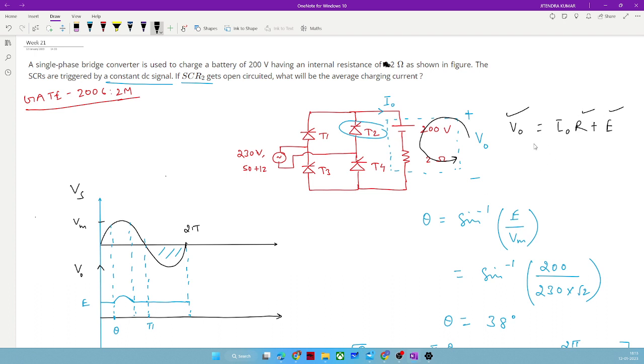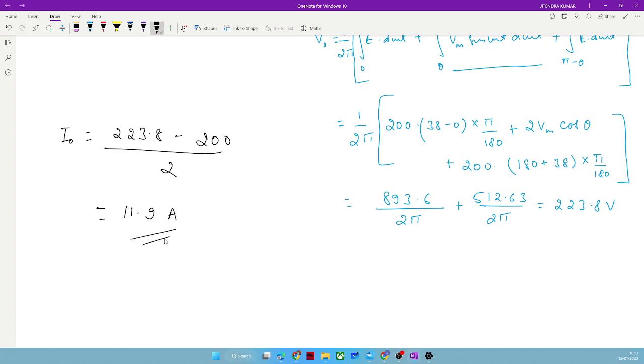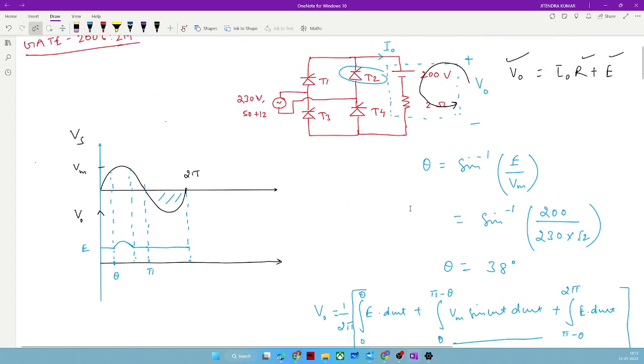So we are just left with I naught, so that I will calculate. I naught will be 223.8 minus 200 by 2, and that will be 11.9 amperes. So it was the answer for this problem.